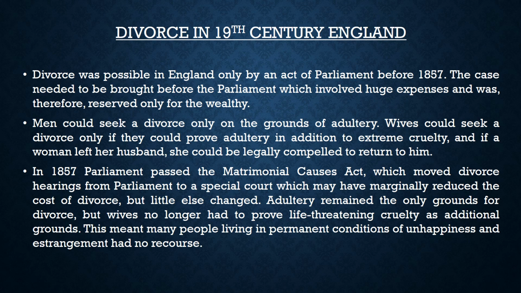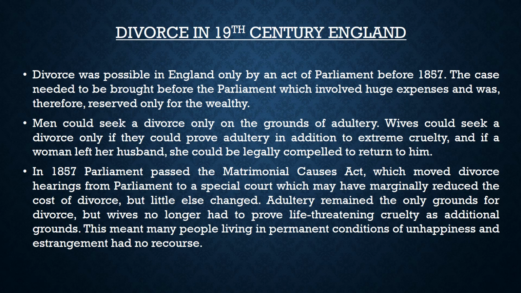But if a woman left her husband, suppose all of a sudden she leaves him, then the law could make her return to him. Under that circumstance, a woman was compelled by law to return to her husband.